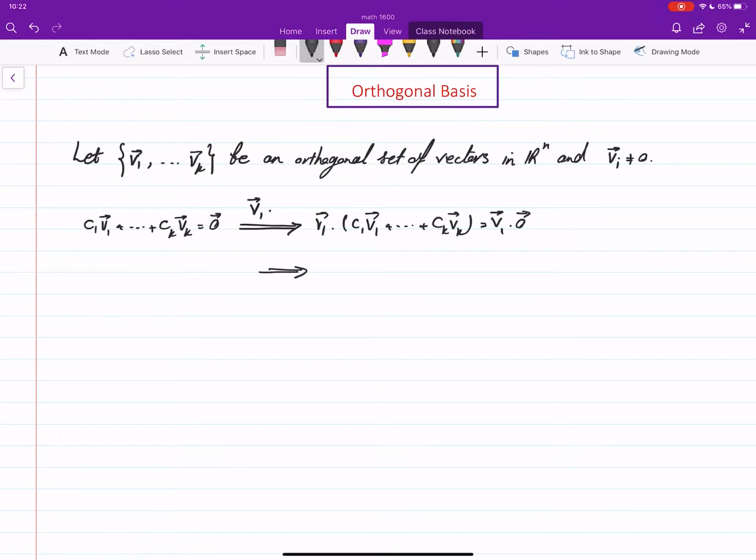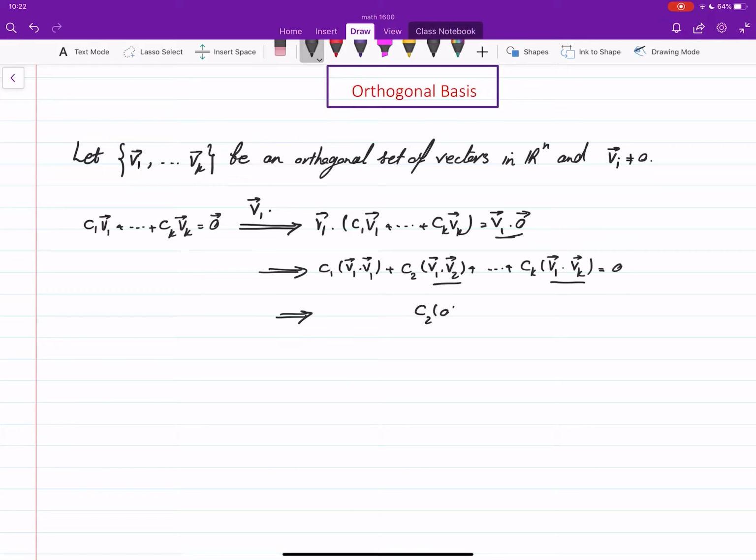If you expand it, you get c1 v1 dot v1 plus c2 v1 dot v2, and this will go up to ck v1 dot vk. The right hand side is 0, since the dot product of any vector and the zero vector is 0. Here is now the orthogonality of the set: v1 dot any other vector from that set is going to be 0.